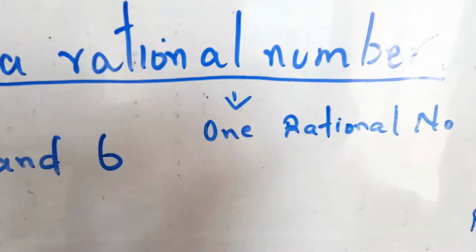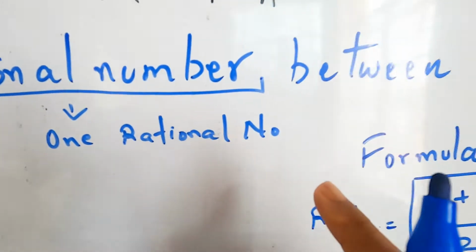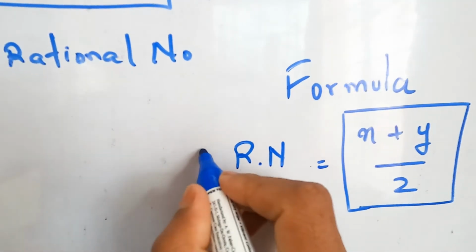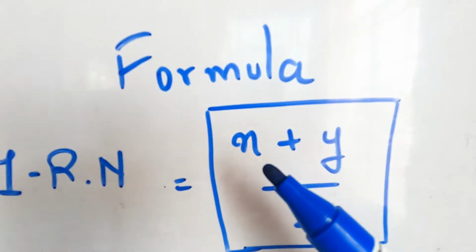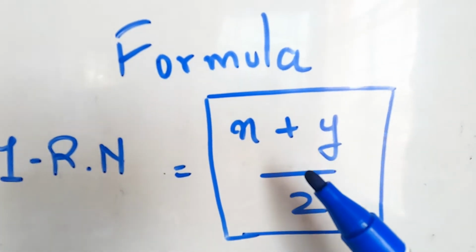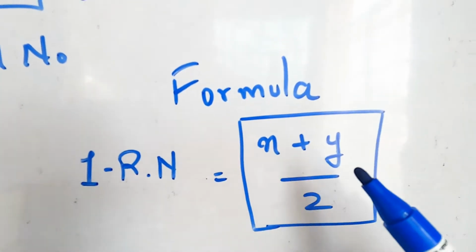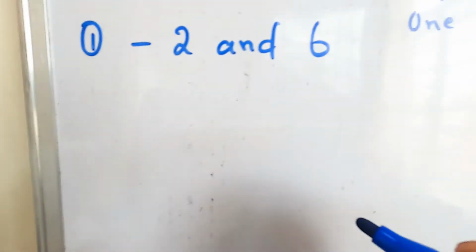So if we want to find only one rational number, we have to use this formula, and the formula is x plus y divided by 2. So we will simply use this formula, then we will be able to find the rational number.